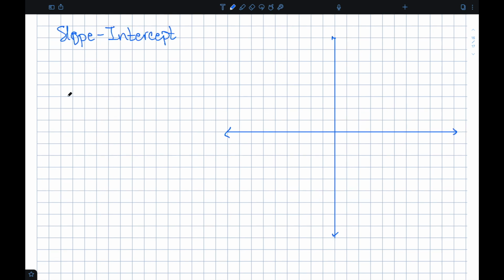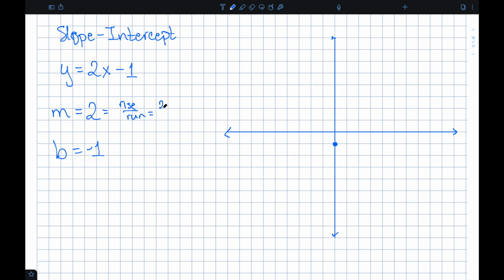Next is the slope-intercept method for graphing lines. Let's once again consider the line y equals 2x minus 1. We know the slope is 2 and the y-intercept is -1. This means it crosses the y-axis at -1. The slope being 2, remember this is rise over run.